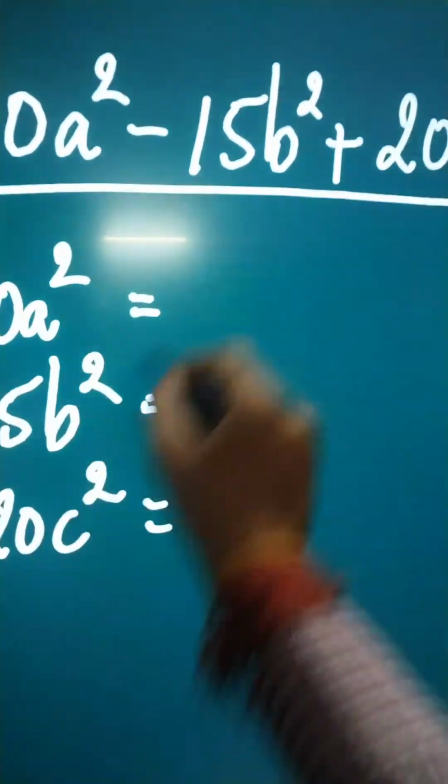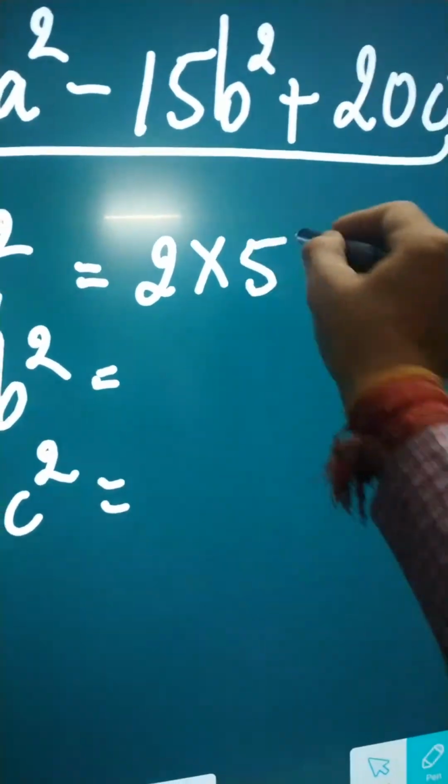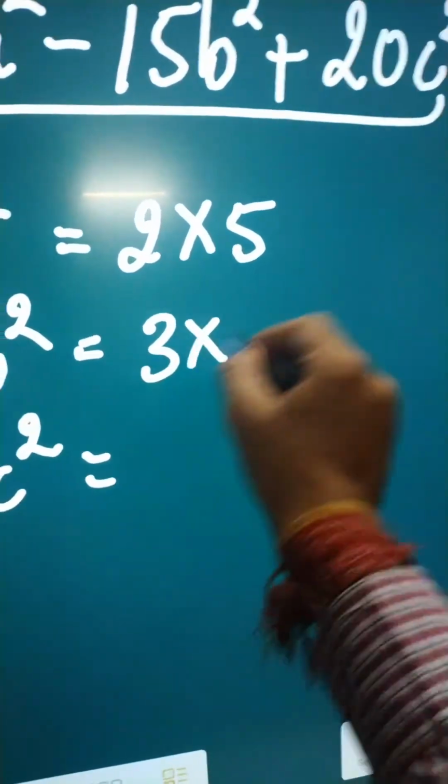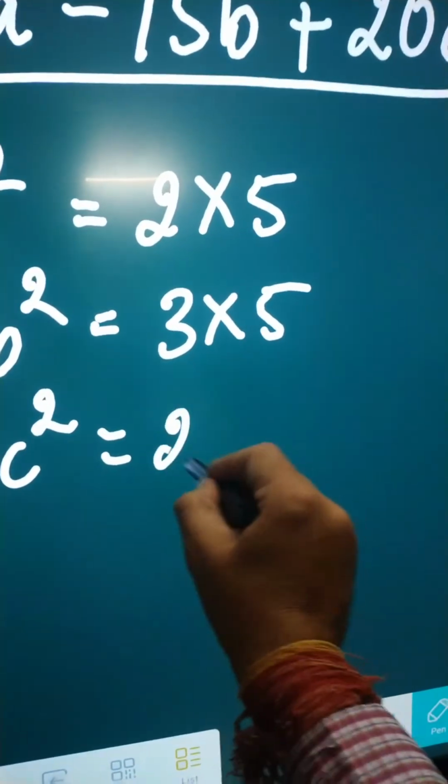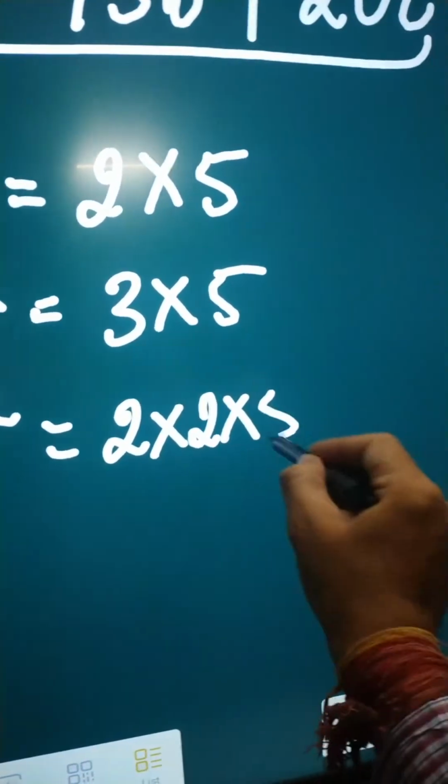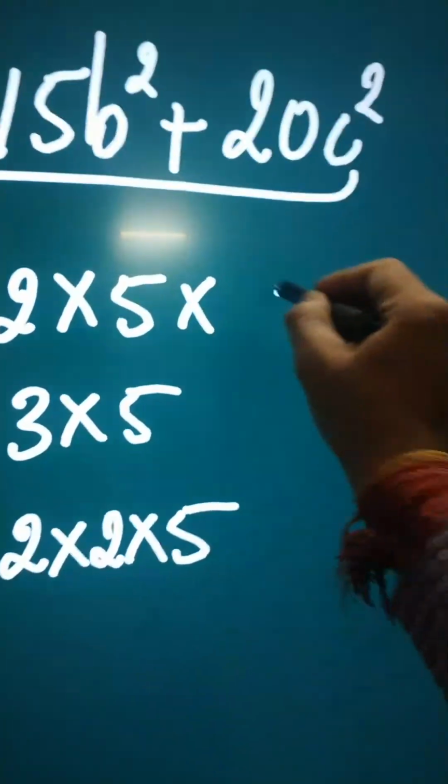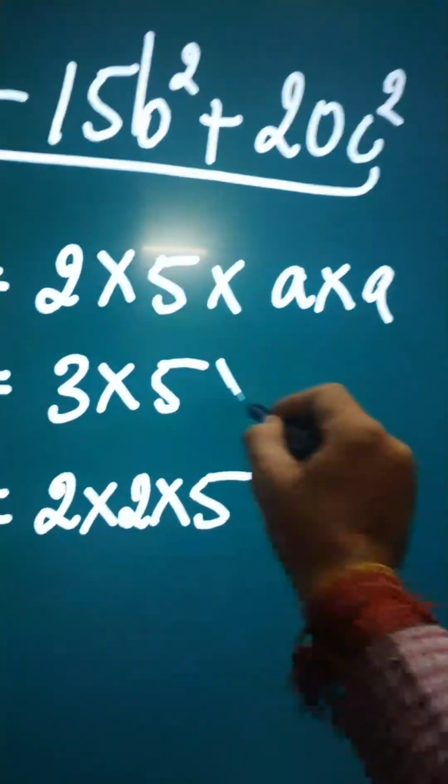First, do the prime factorization of the numbers. 15 is 3 into 5, 20 is 2 into 2 into 5.